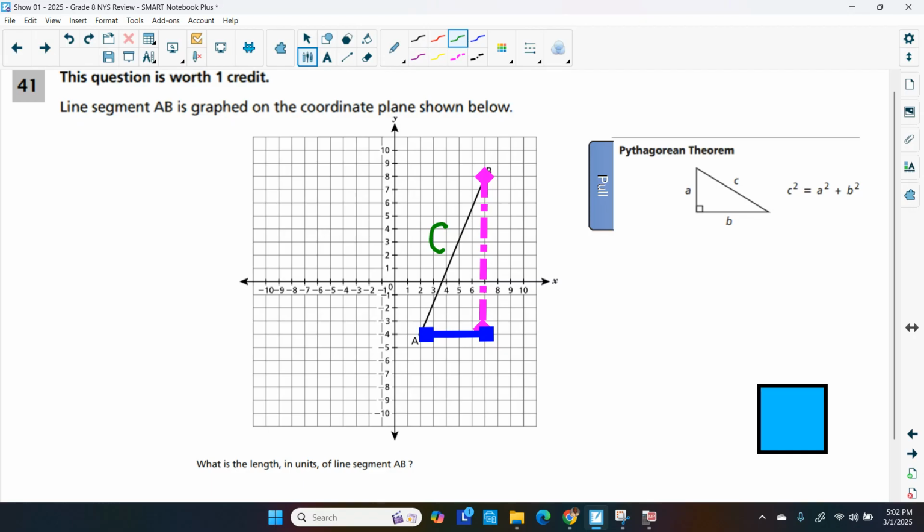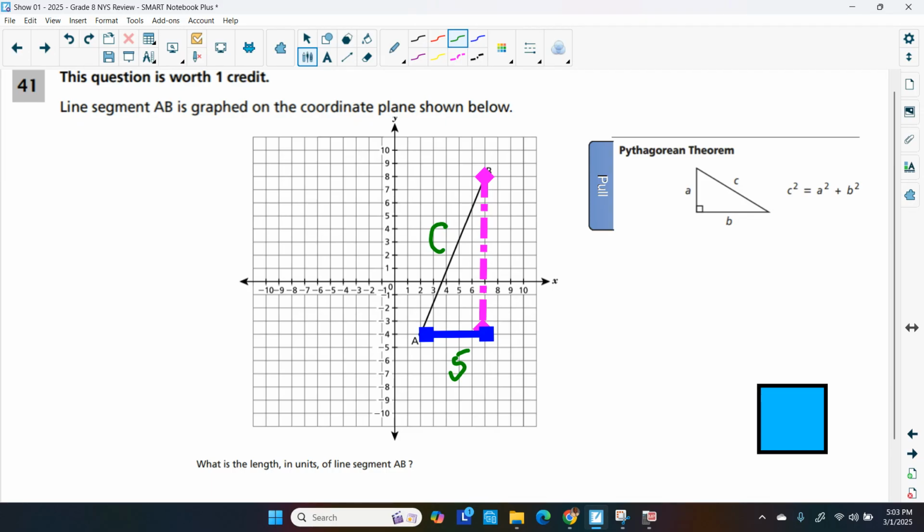There's a distance formula, by the way, you could use, but I like this way because we've been practicing with the Pythagorean theorem already. So let me count from A to this part. A starts at the 2 and ends up at the 7. If I subtract them, that'd be 5. Or if I count over from 2 to 7, that would give me 5.